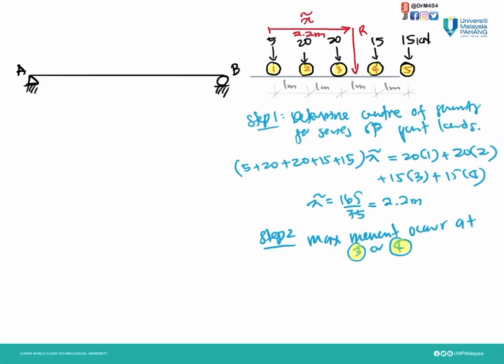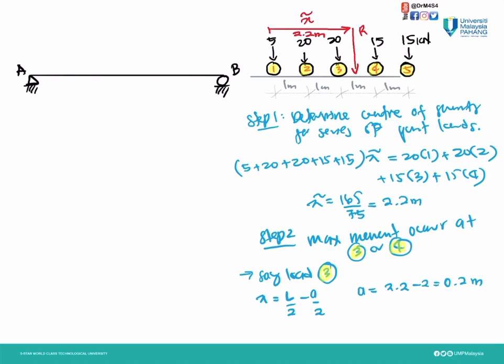For the second step, the maximum moment is going to occur at wheel number 3 or number 4, because our resultant is in between wheel number 3 and number 4. So we take wheel number 3 first.